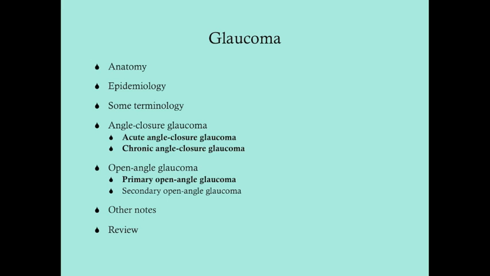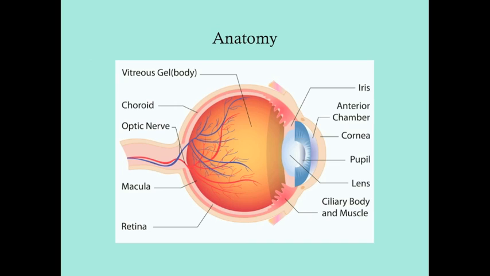Okay, and then after that we'll talk about two other glaucomatous-like processes that I want you to be aware of, particularly for real life, but they may come up on the USMLE, and then we'll do a quick review. Okay, so here's looking at our eye, and the anterior portion of the eye is where the disease process is going to start.